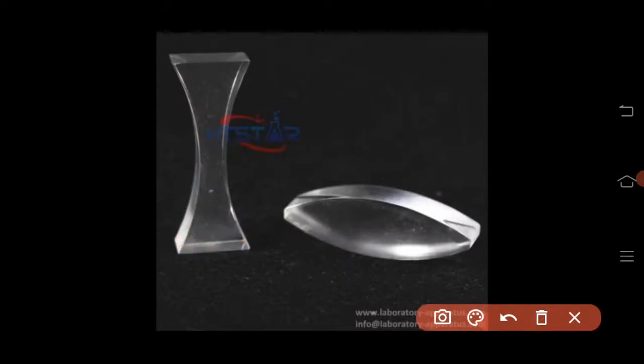When a parallel beam of light passes through it, it diverges or spreads. So when light rays are allowed to pass through the concave lens, the parallel beam of light rays is diverged or spread out. So a concave lens is also called a diverging lens.